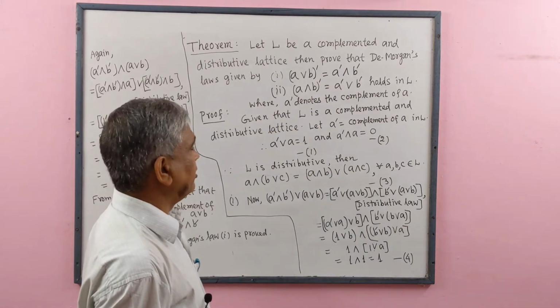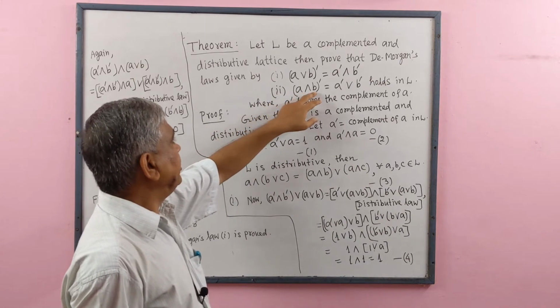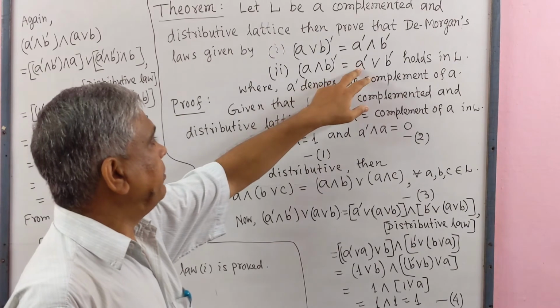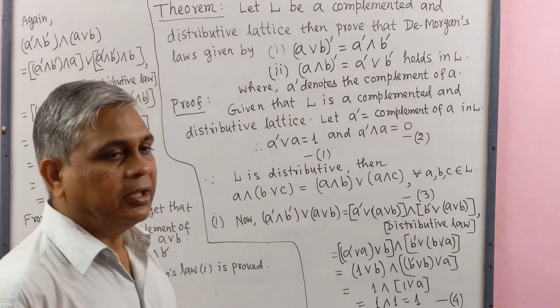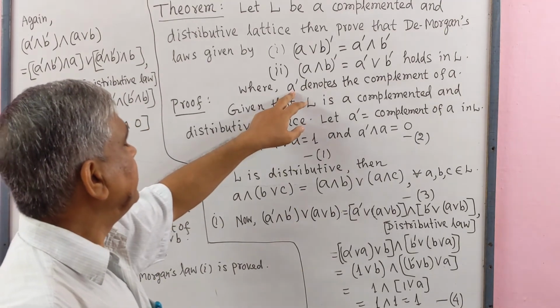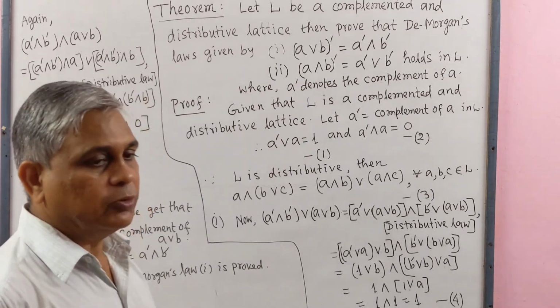This is number 1. Number 2: (A meet B) whole prime equal to A prime join B prime holds in L, where A prime denotes the complement of A. Now we prove this.